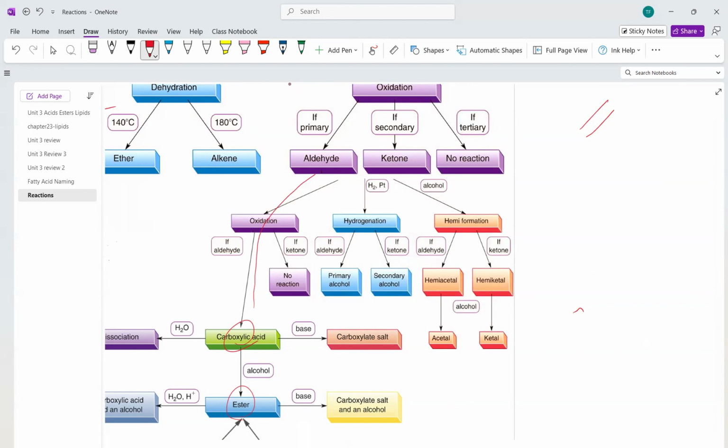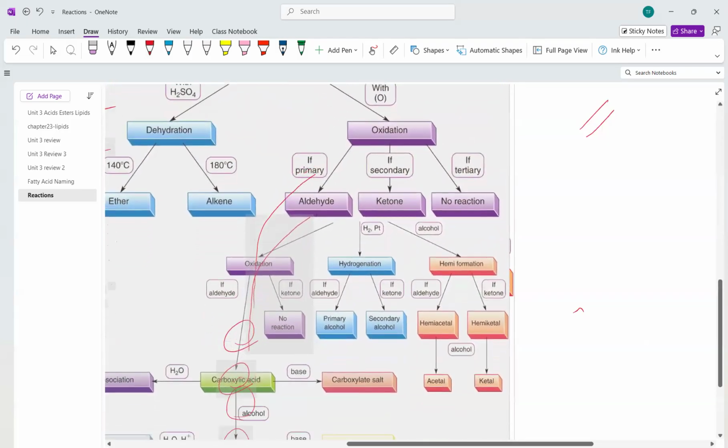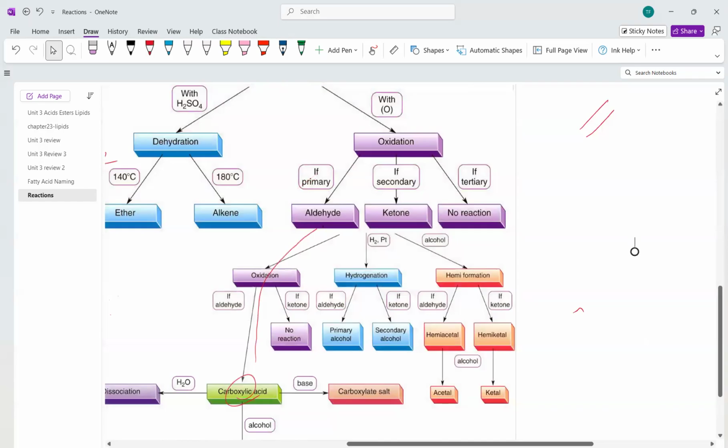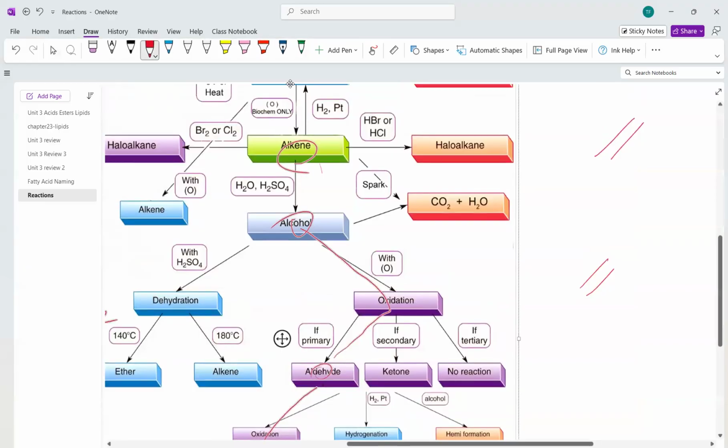Okay, if you oxidize an aldehyde, we're not starting with an aldehyde, we're starting with an alkene. So how do you get an aldehyde? Alcohol. Oxidize the primary alcohol. Exactly. To get an aldehyde, we oxidize a primary alcohol. And how do we get a primary alcohol? From an alkene. So identify your product and then just back up.